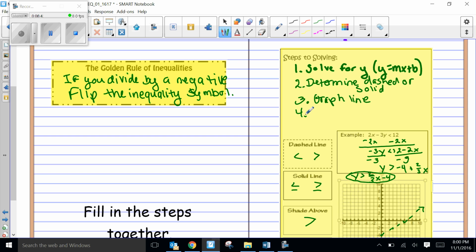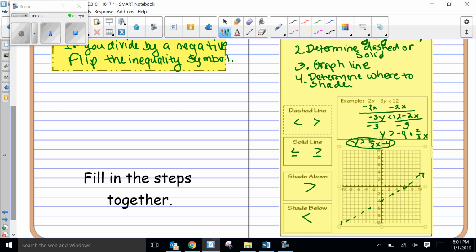Determine which region. Determine where to shade. So we need to determine where to shade. Remember, the easiest way to determine where to shade is to actually put a point into the solution to figure out what would make this statement true.